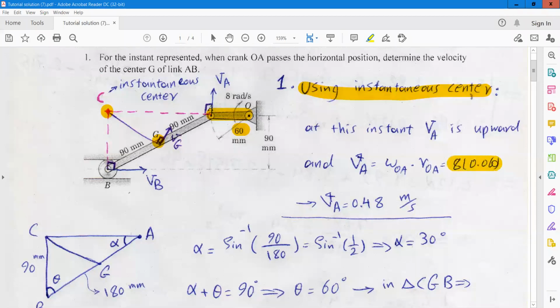Here, this is the velocity of point A, and the direction is clear. It's in upward direction and it's completely vertical. So the velocity of A is 0.48, and now we can find the omega AB, because point A at the same time is a point on rigid body AB, and we know that this is the instantaneous center for link AB.